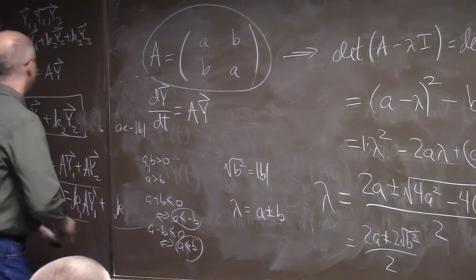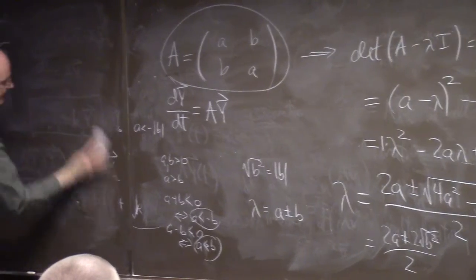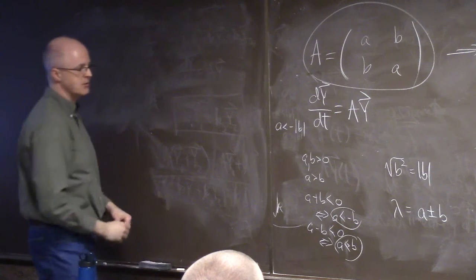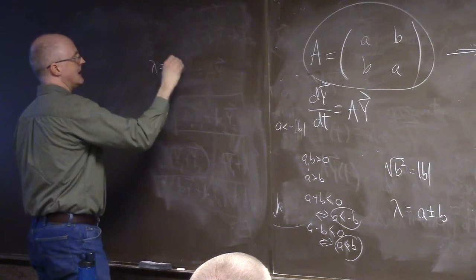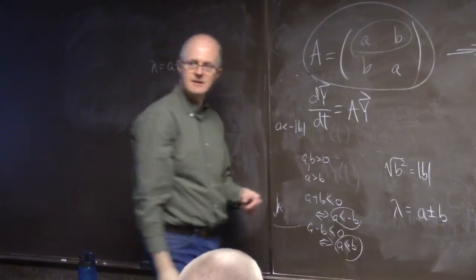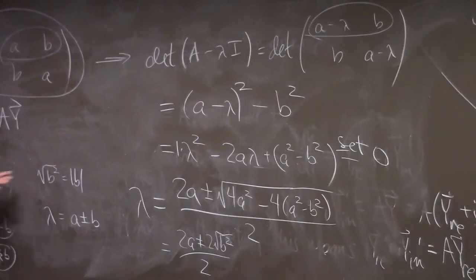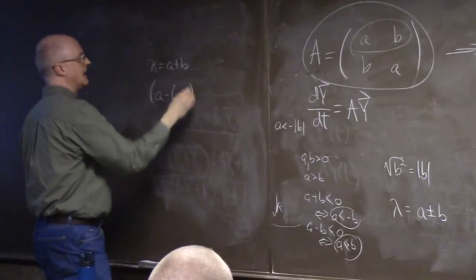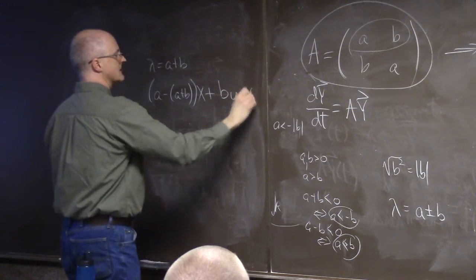What about corresponding eigenvectors? Let's just do one of them. How about the corresponding eigenvector for a plus b? Assuming I've done everything right, I can just focus on one of the rows, remember? Replace lambda with the eigenvalue. That's the coefficient of x there, and the coefficient of y is going to be b.